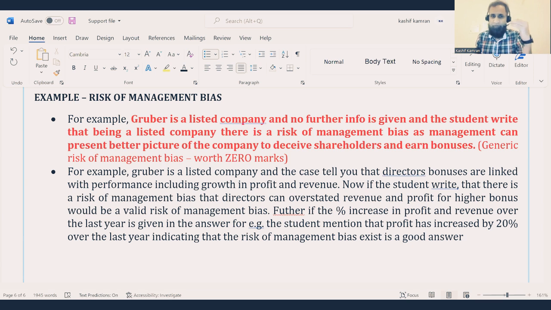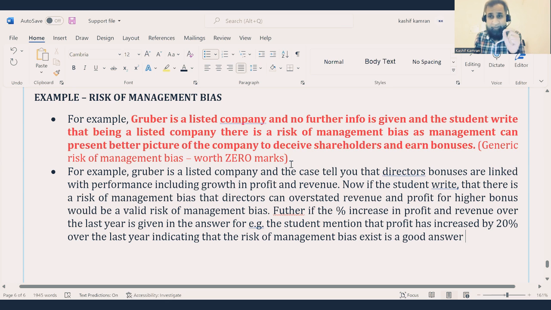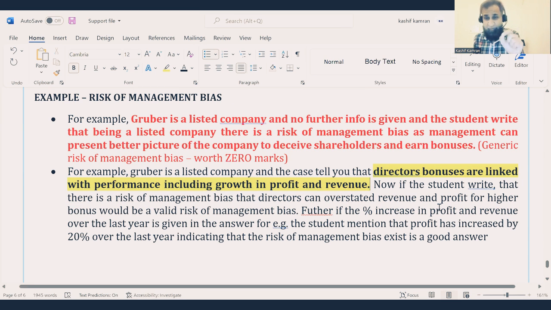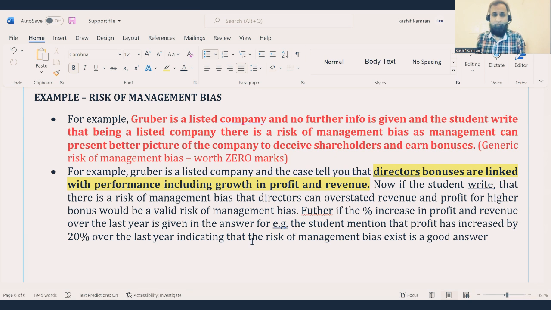Look at the difference between the first answer and the second one. In the first answer, the examiner was just telling you it's a listed company, nothing else. But in the second, the examiner was telling you there is a specific risk that the directors' bonuses are linked with performance, and you utilize that in your answer. Just like the case with Grubber company, Martin is to sell shares, and we utilize that information because that was specific information for risk of management bias.